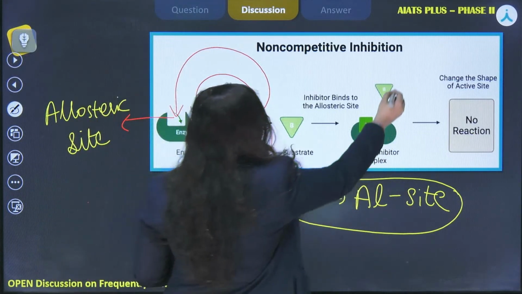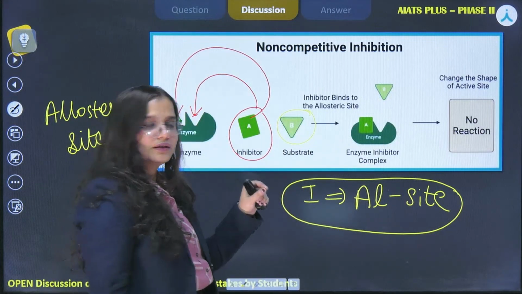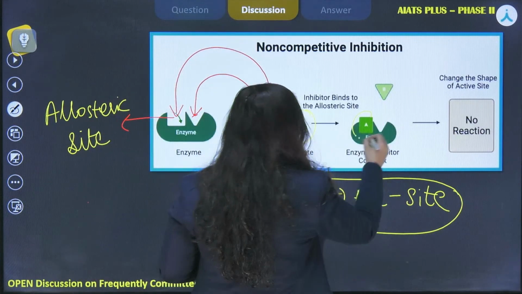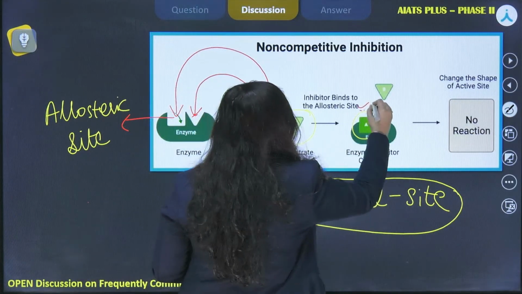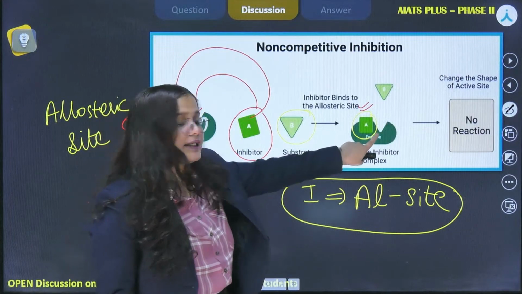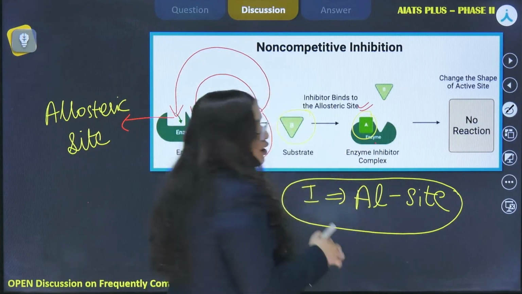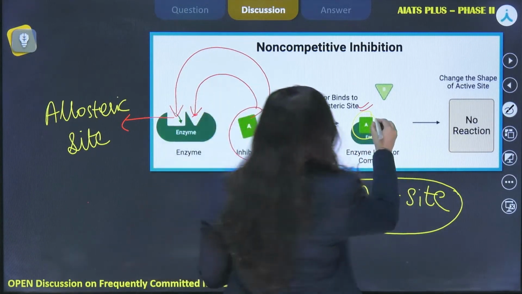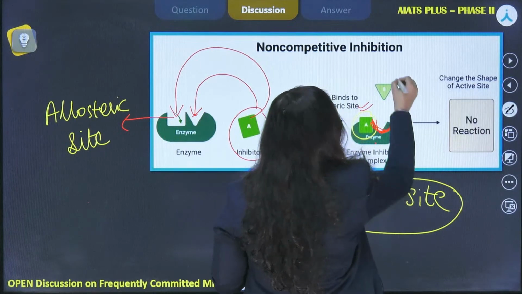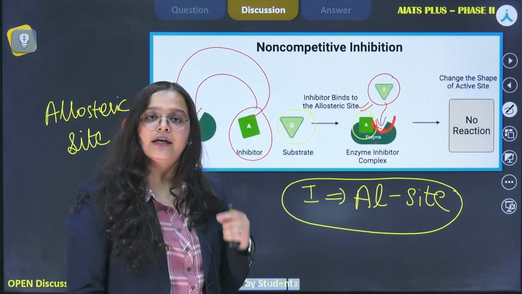For instance, we can see that the shape of our substrate is like a triangle here, but since our inhibitor has got bound to the allosteric site, the shape of the active site will change from the conical shape to, let's assume, a circular shape, and therefore the fitting of this substrate into the active site will not be proper.